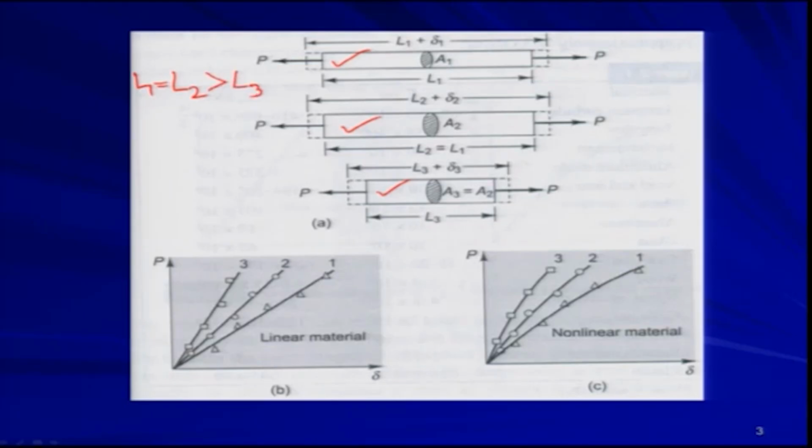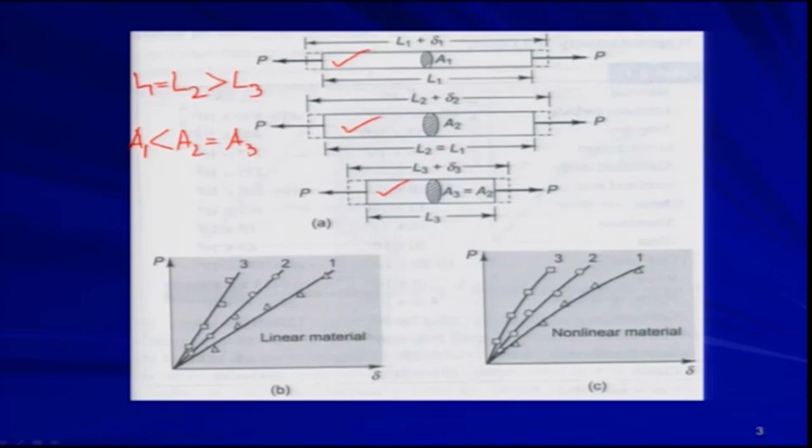That is, the length of the first member is equal to the length of the second member, but they are greater than the length of the third member. Another relation from the figure is that A1 is less than A2, and A2 and A3 are both equal.